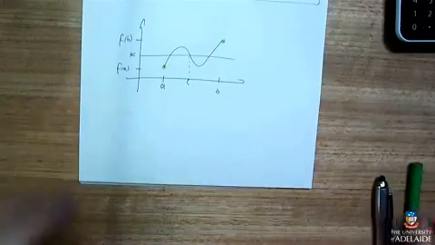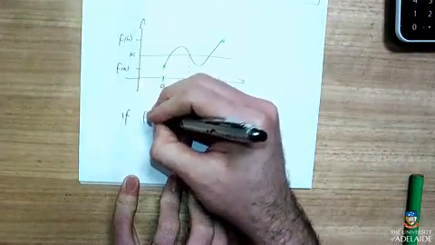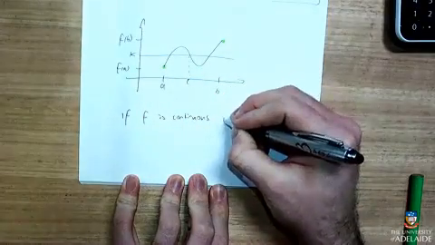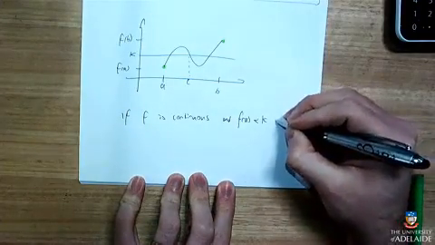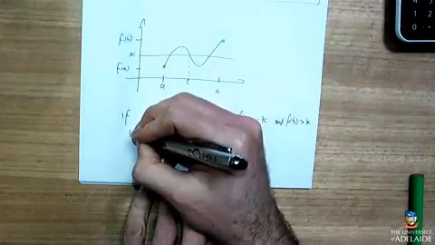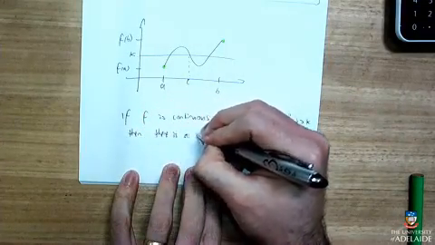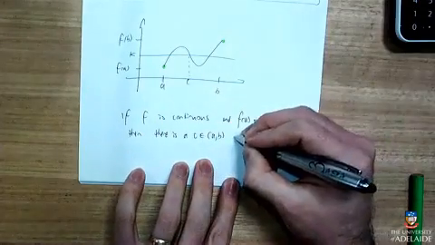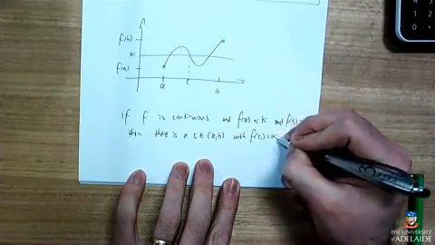So the other way of saying it is: if f is continuous and f of a is less than k and f of b is more than k, then there is a c between a and b with f of c equals k.